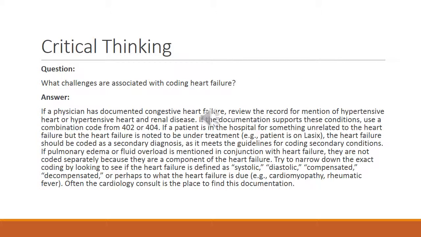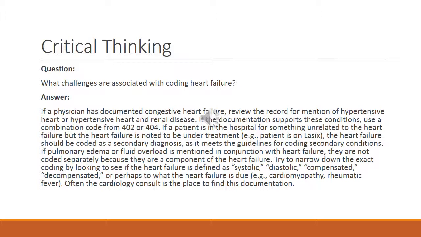And our last critical thinking question: what challenges are associated with coding heart failure? And the answer: if a physician has documented congestive heart failure, review the record for mention of hypertensive heart or hypertensive heart and renal disease. If the documentation supports these conditions, use a combination code from category 402 or 404.